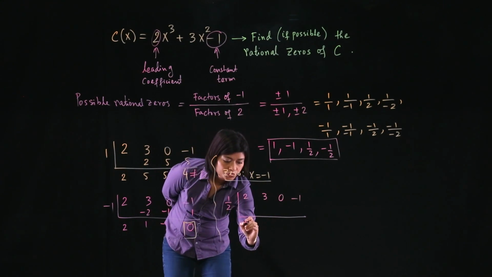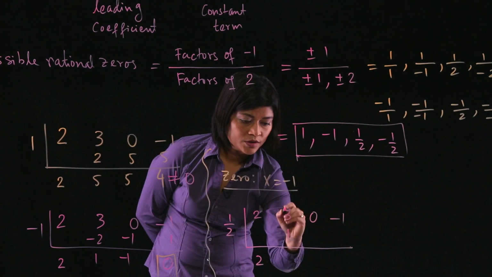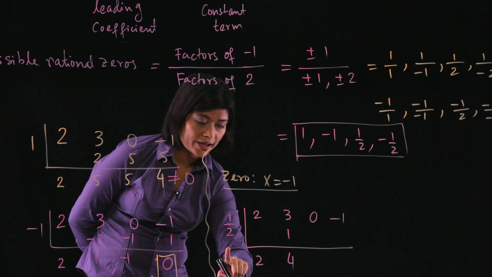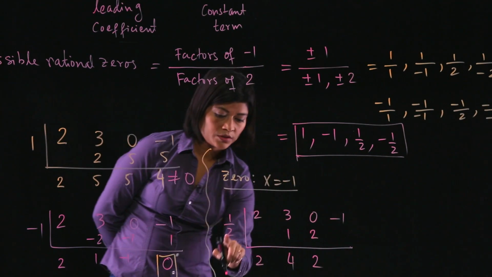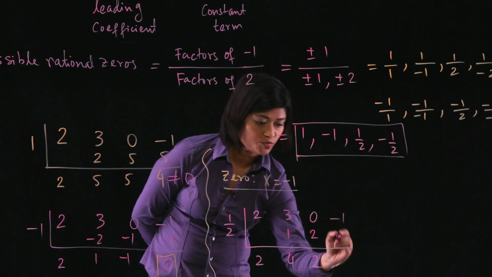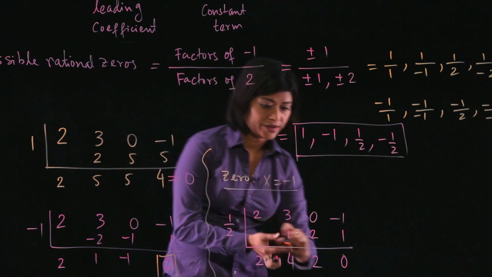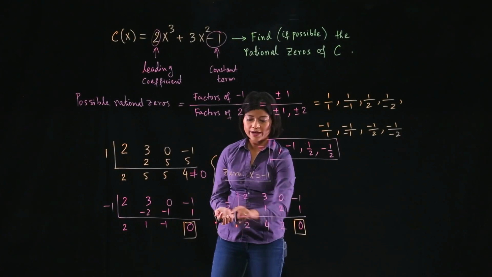Bring down the 2. 2 times 1/2 is 1. 3 plus 1 is 4. 4 times 1/2 is 2. 2 plus 0, we get 2. 1/2 times 2 is 1. And 1 minus 1 is 0. The remainder is 0. Therefore, we get another 0 to be 1/2.